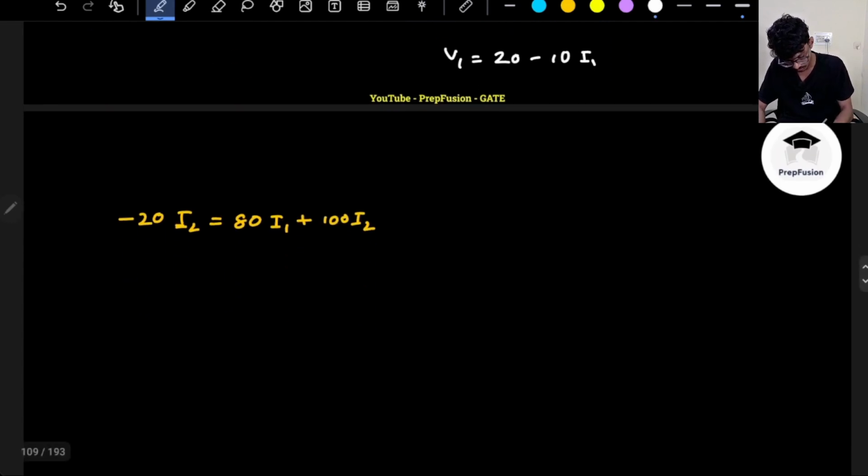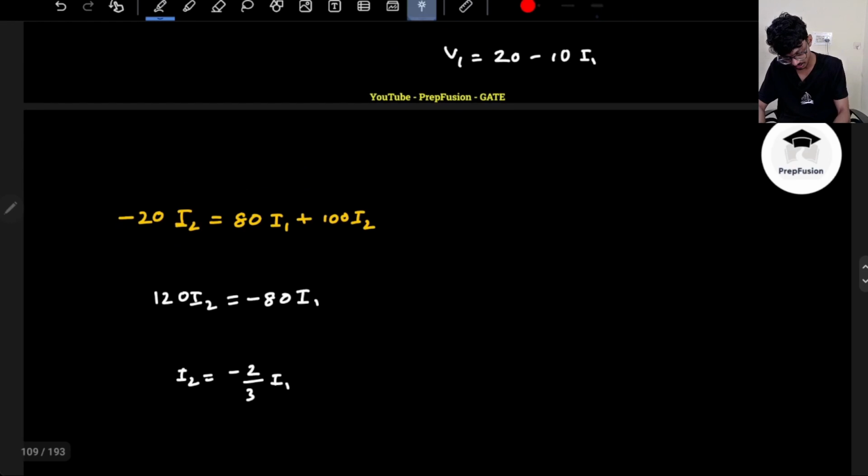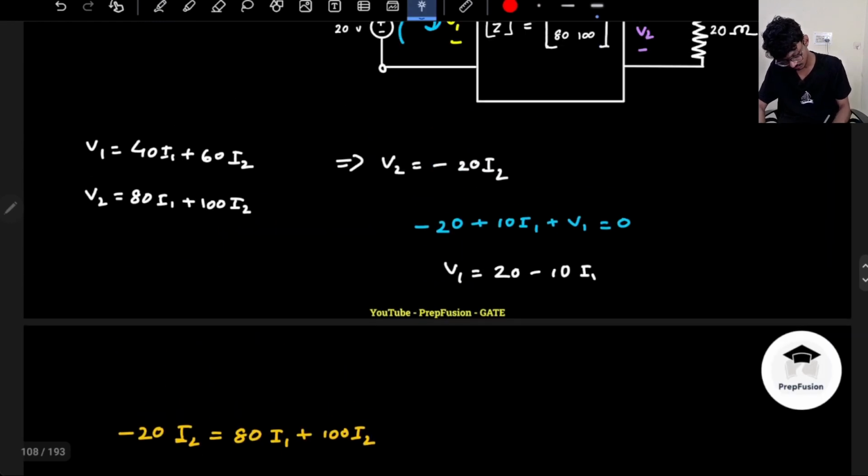So 120 I2 will be equal to minus 80 I1. From here I can write I2 in terms of I1. So this will be minus 2 by 3 I1.